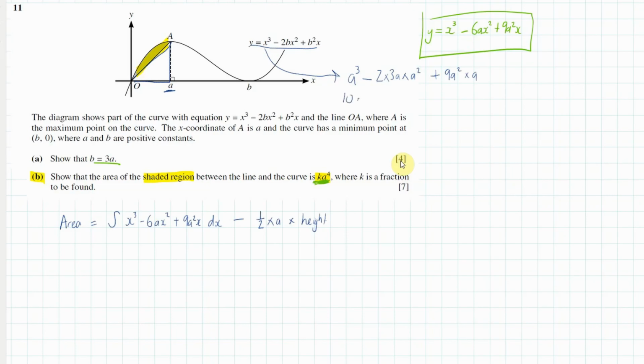So should be 10a cubed minus 6a cubed equals 4a cubed. So this is the height. All I've done to get that is stick in a to all of the x values, and all of the b values I substituted also for a using this formula down here. So the height of the triangle is 4a cubed.